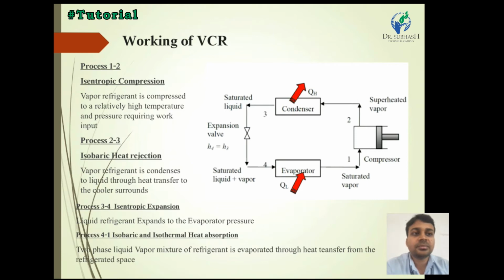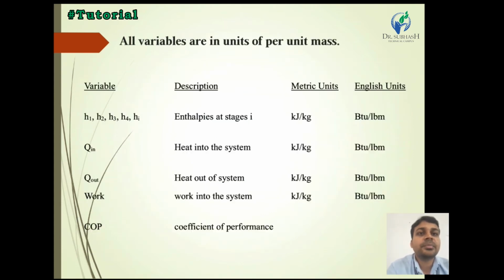After the expansion process, the liquid refrigerant is partially converted into vapor, and up to 90 to 92% of the refrigerant is formed as liquid, but the temperature is very low, in the negative range. Then the refrigerant passes through the evaporator and absorbs heat from the enclosed space, and the saturated liquid refrigerant converts to saturated vapor refrigerant, absorbing the heat from the enclosed space.